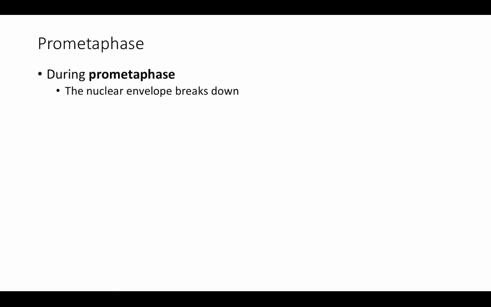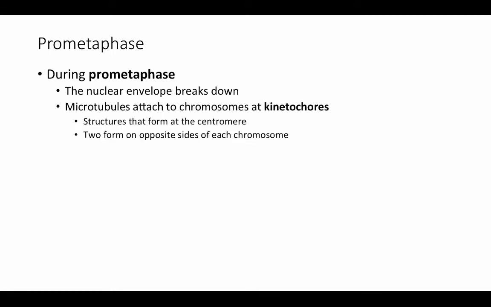During prometaphase, the nuclear envelope breaks down, and the microtubules are going to start to grow from these poles inward and attach to the chromosomes at structures called kinetochores. Kinetochores are proteins.